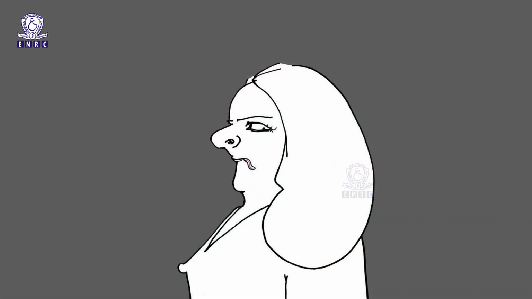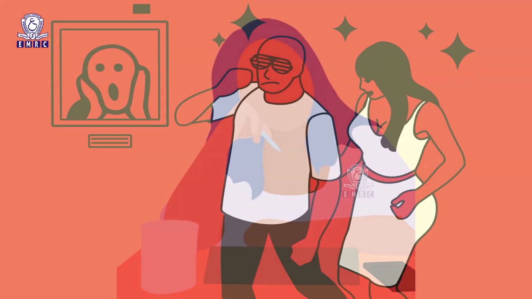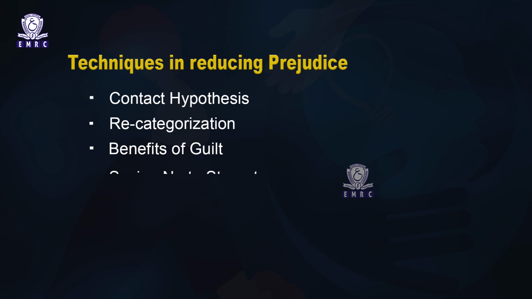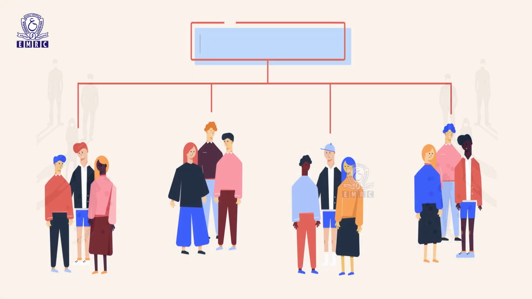This approach is particularly effective when people feel that they are able to engage in the necessary helping. The next technique in reducing prejudice is saying no to stereotypes. Researchers conducted an experiment among two groups to study the effects of saying no to stereotypes.